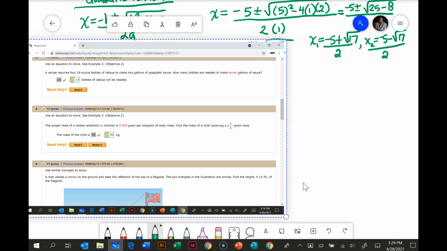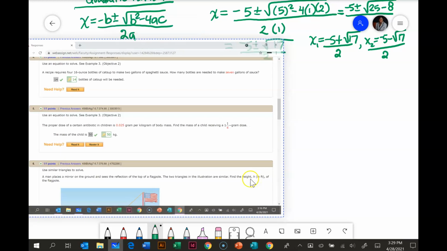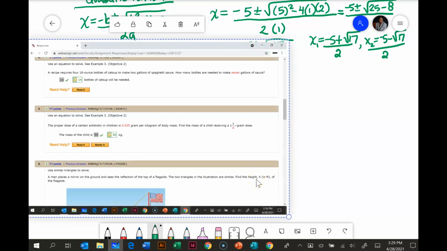Find the mass of a child receiving a 1 1/4 gram dose. So this problem can be confusing sometimes to people. And this is number 5, as you can see, section 6.7.